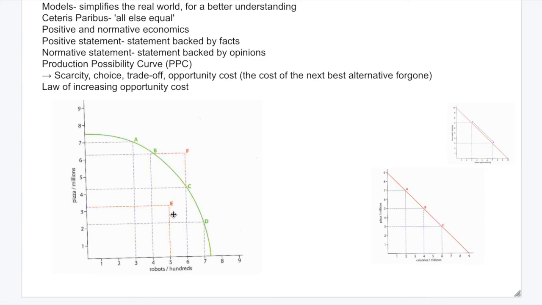Because here at point E, you're producing 500 robots and around 3 million pizzas. That's still attainable. The word we use in economics is attainable. You can still produce that many pizzas and that many robots because the full capacity that you could have made from the amount of resources you have is 6 million pizzas for 500 robots, or 700 robots for around 3 million pizzas.